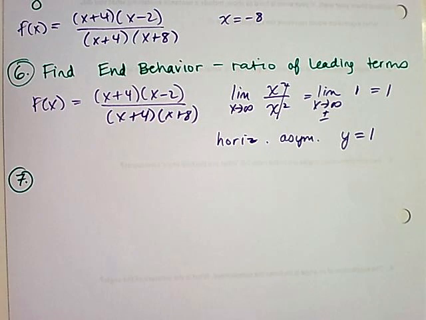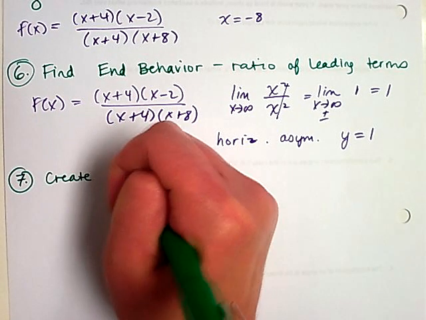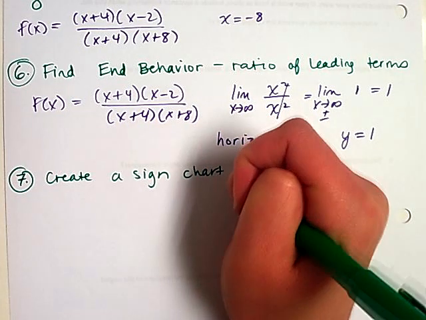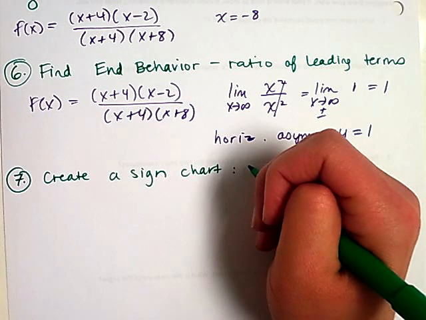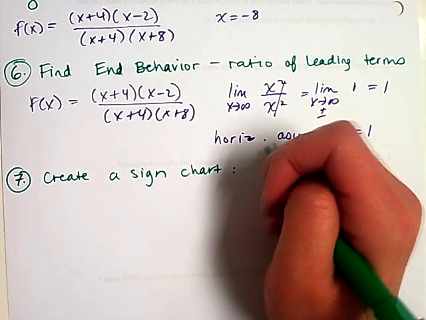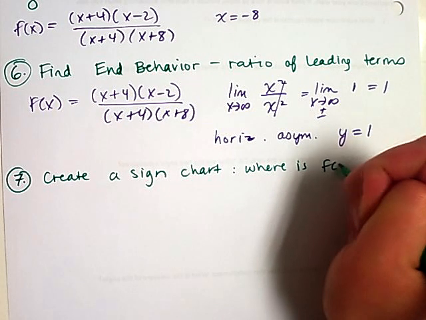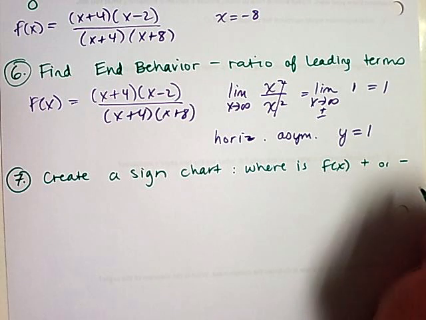Okay, the next step, this step is going to feel a little bit new. We're going to create a sign chart, SIGN, to see where this function is positive versus negative, and that's going to help us when we go to sketch our graph to be more accurate. So where is f of x positive or negative?